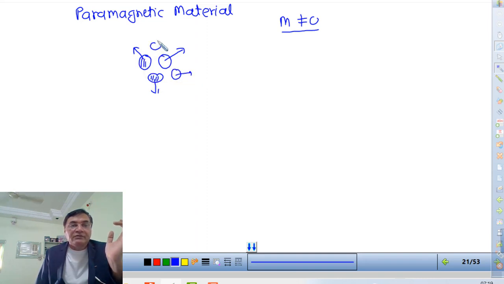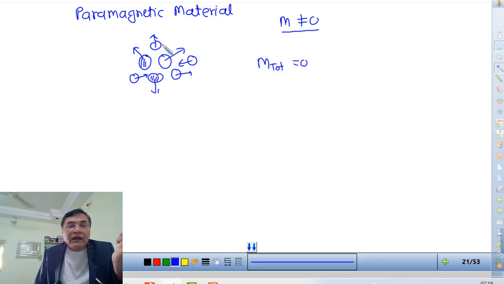So randomly, these are distributed randomly in all the directions. So if you add all these things now, m total is equal to 0. આ બધાનો સમ લેવાનો હવે. આ કોણ હતું? સમ ઓફ due to electrons, and this m because of the atoms. So this total is 0.